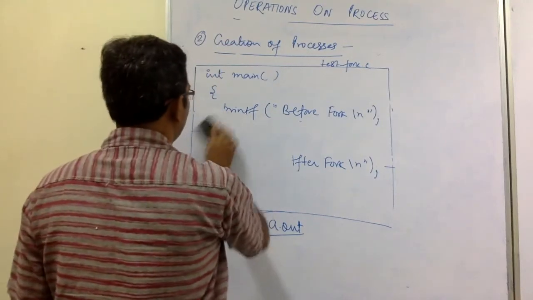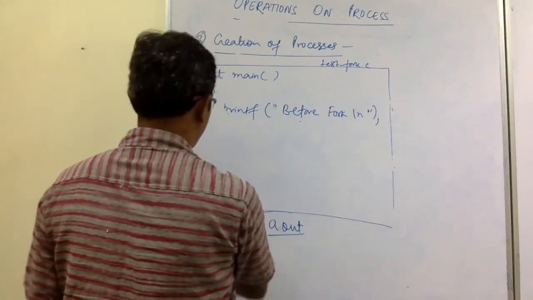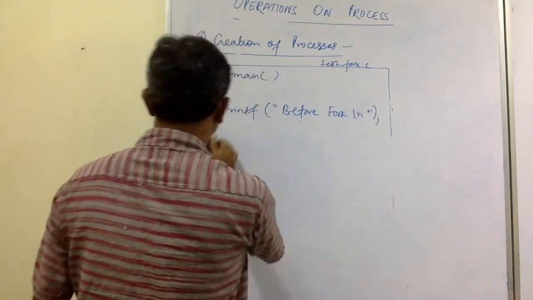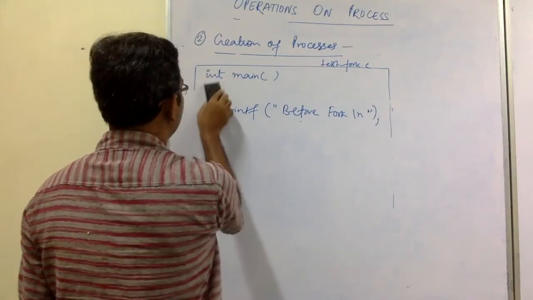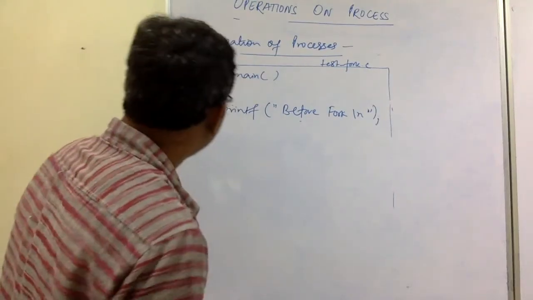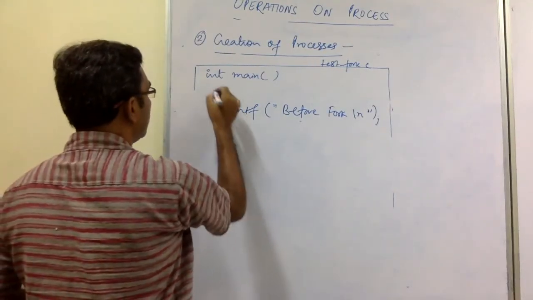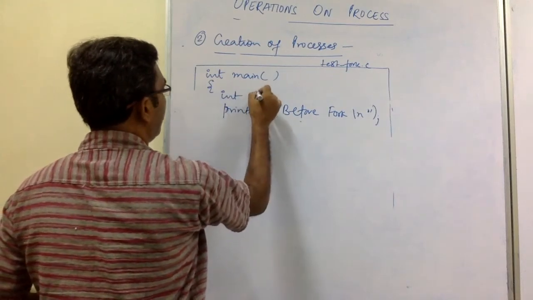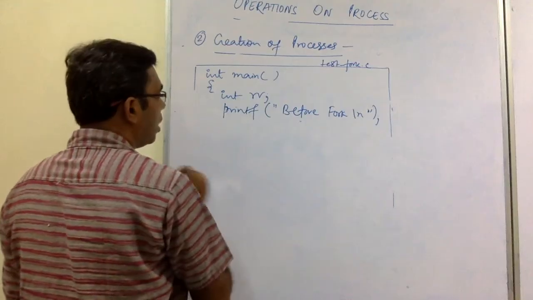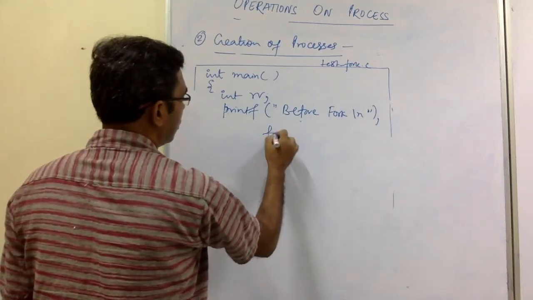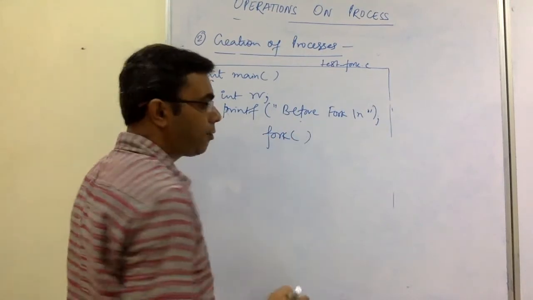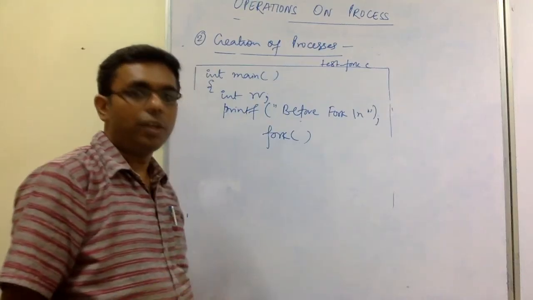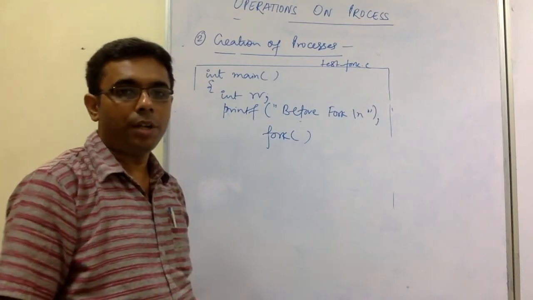Let's see how. Let's keep this before-fork line, and let's make some modifications here. The first modification: let's introduce an integer called return value, RV. Previously we had forked a process, but we did not keep the return value of that.